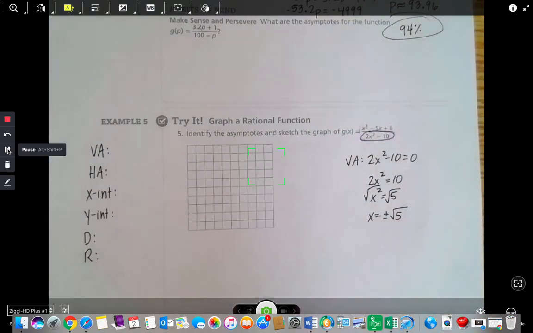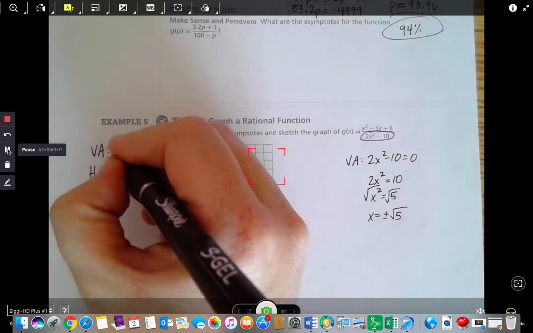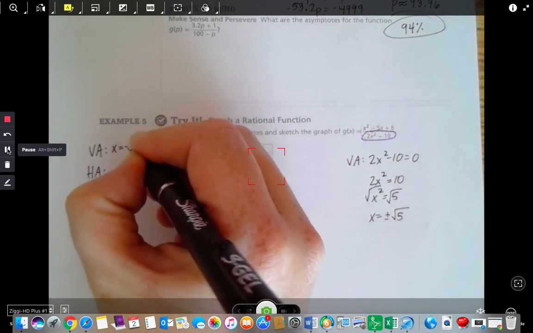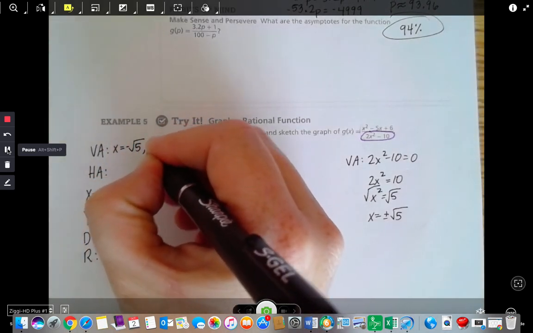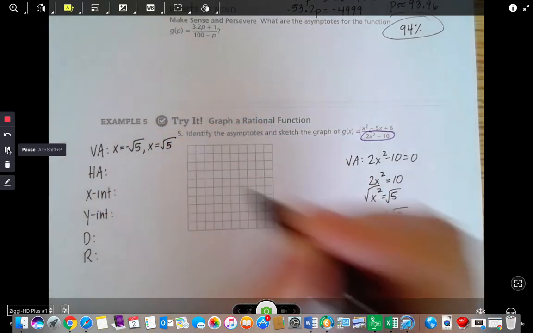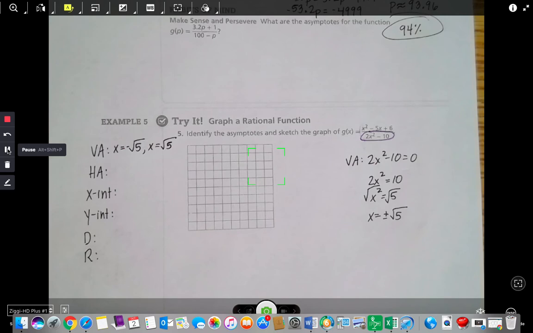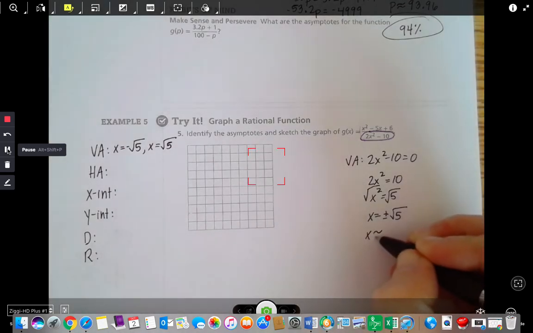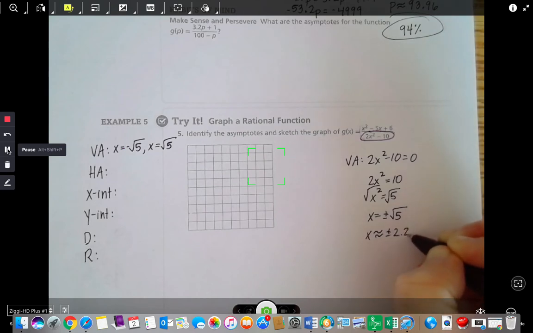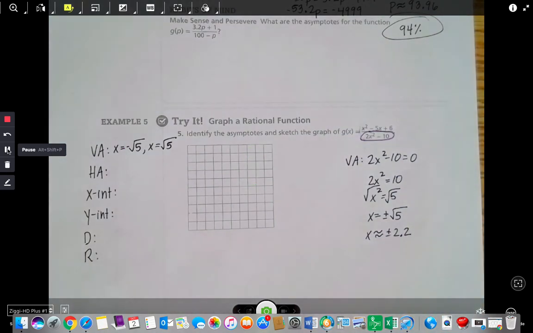So my vertical asymptotes are x equals negative square root 5, x equals positive square root 5. The square root of 5 is 2.2. So x is approximately plus or minus 2.2. I'm doing that so it's a little bit easier for us to graph in just a second, okay?